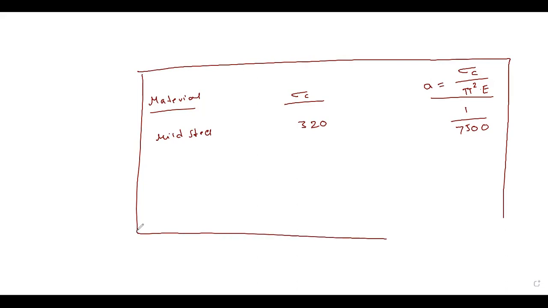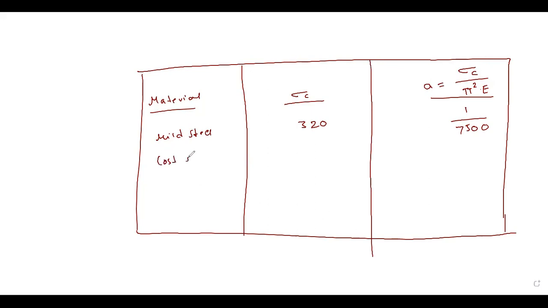Without calculating the Rankine constant, you can take the A values from the table. Let us take cast iron, which can carry a compressive stress of 550 mega Newton per meter square.